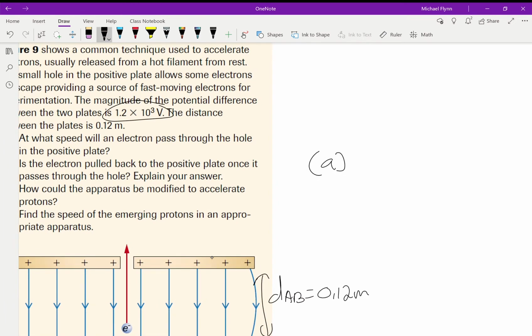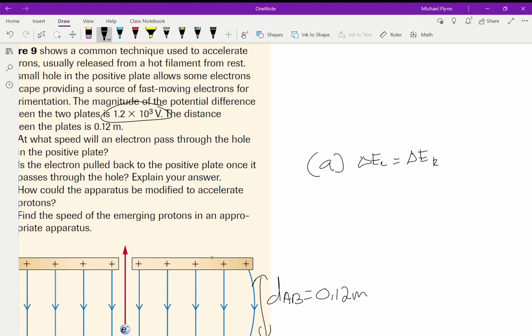Well, the change in electric potential energy is equal to the change in kinetic energy. This electron starts from rest, so that's pretty straightforward. You end up getting q times the voltage is equal to the kinetic energy that the electron exits with, with speed v, as it exits.